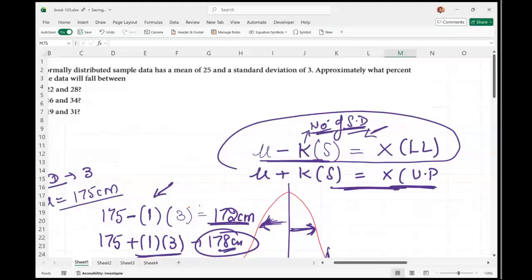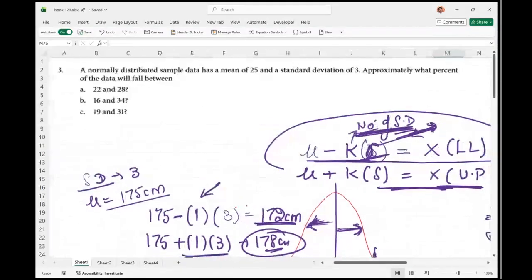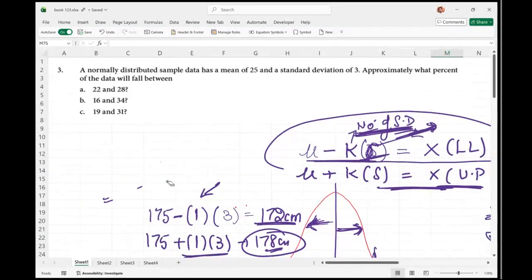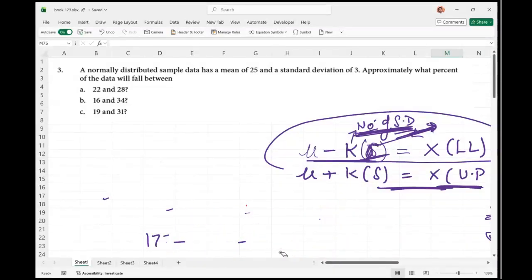Again, k is the number of standard deviations, and s is the amount of standard deviation. It can be s or sigma depending upon the question. s represents the sample standard deviation, sigma represents the population standard deviation. So hopefully you understand the basics of the standard deviation and the empirical rule. Standard deviation, one more time, helps us in understanding how dispersed the data is about the mean value.